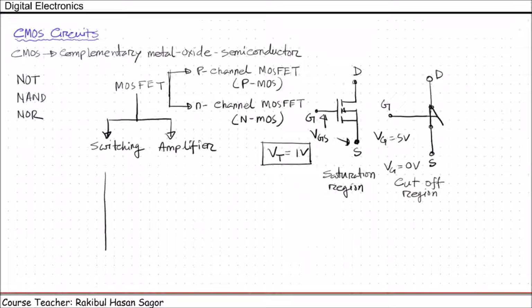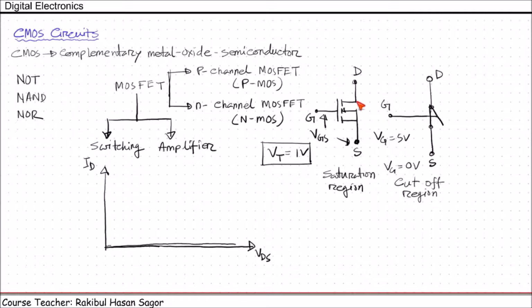If we consider ID current in y-axis, and in x-axis we take VDS. When we take VGS equal to 0 voltage, the curve looks like this. We can see the current flowing from drain to source is almost equal to 0.